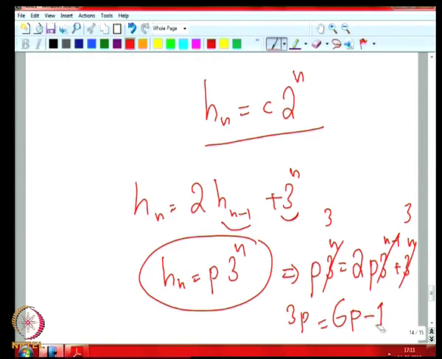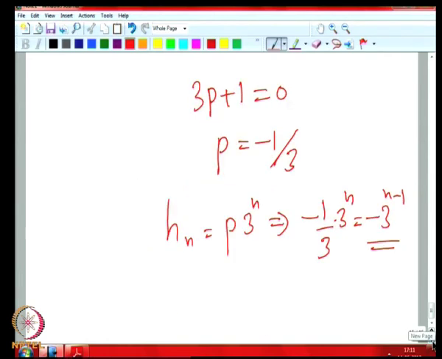Okay, this is not 1, this is 3 plus 3, because here I cancel 3 raised to n minus 1, here 3 is remaining, here 2p is remaining, and then here it is 3p.